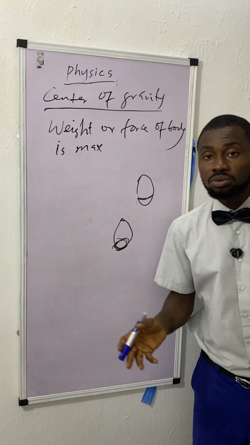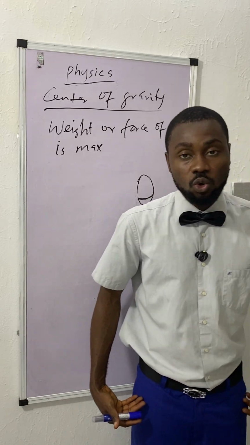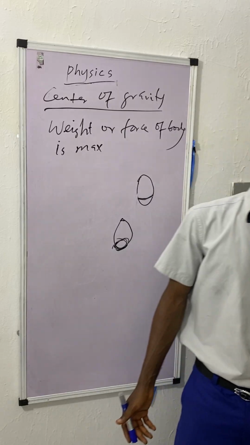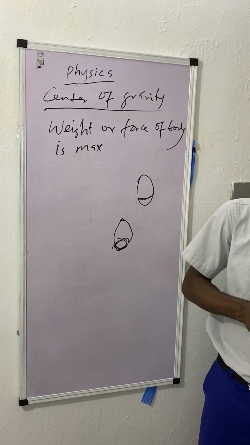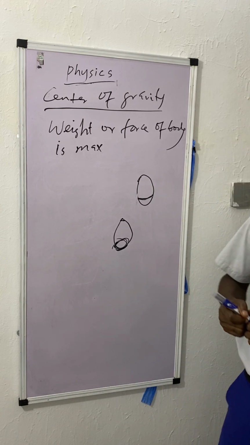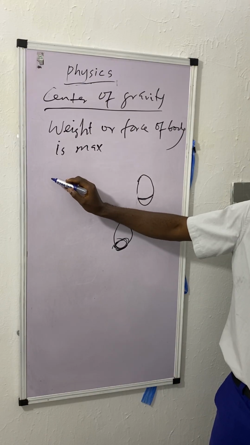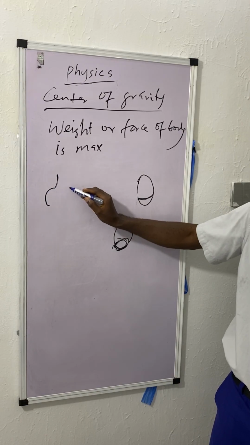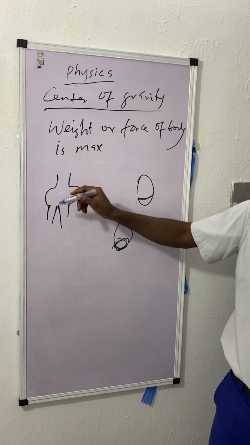A human like you, where is your center of gravity? Where does your weight act? Your weight acts towards the lower part, the lower half of your body. That's where your weight usually acts. So that is your center of gravity. So in women, for example, their center of gravity is located around the lower half of their body. That's why they always store weight in the lower part of their body.